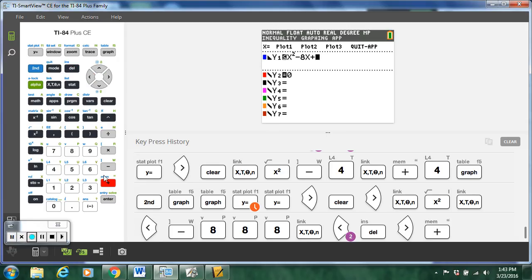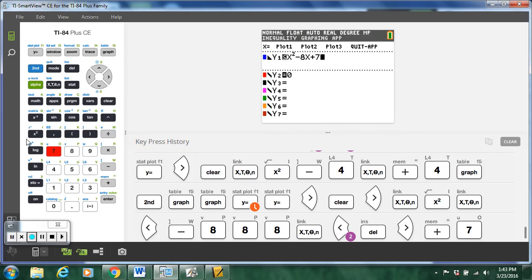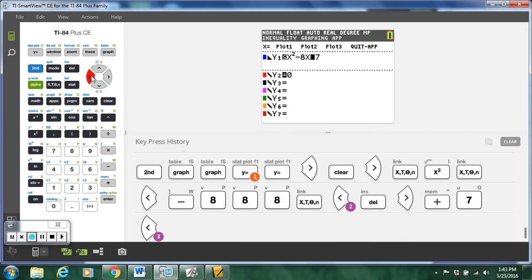Nothing else to cooperate today. Did it come up to calibrate? Better now. Okay, x squared minus 8x plus 7. All right, let me go back.